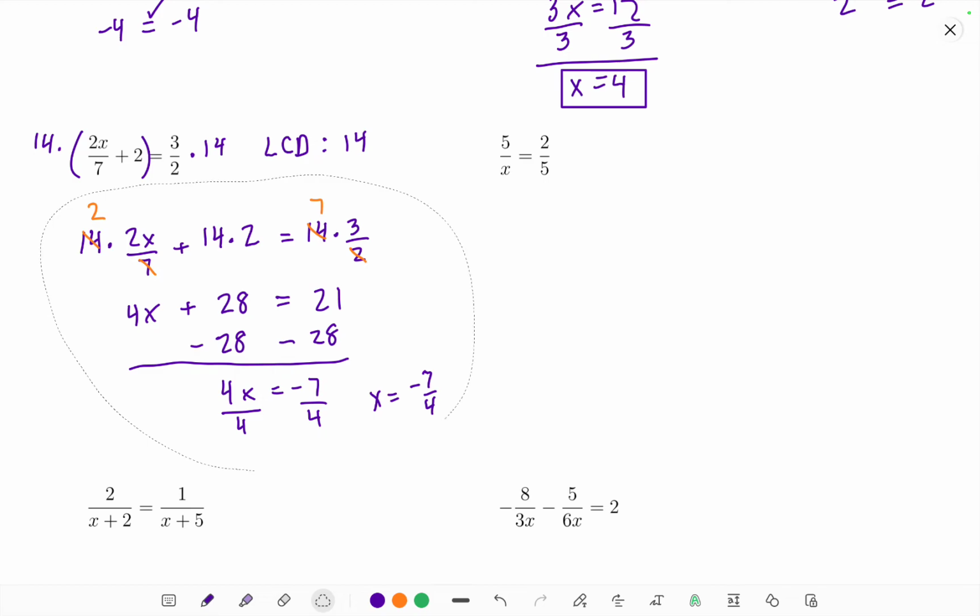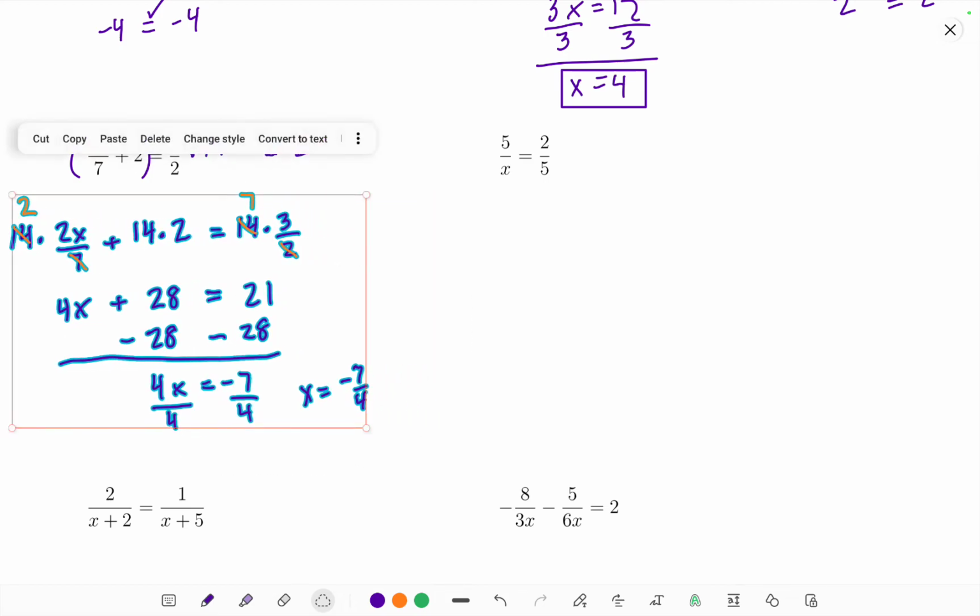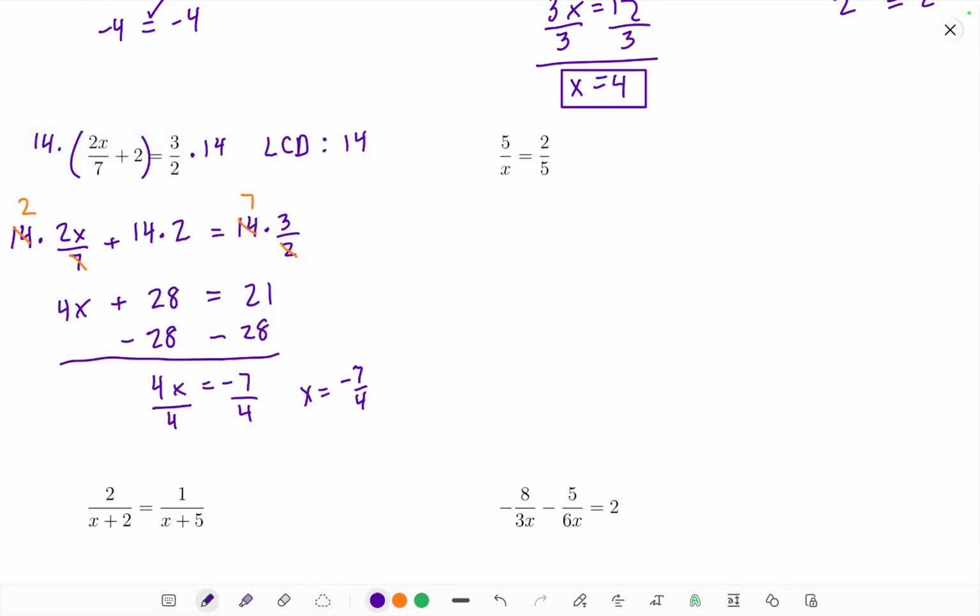Now let me move all this over a little bit so we have enough room to check our work. So we need to plug -7/4 in for x. So 2 times -7/4 over 7 plus 2. Does that equal 3/2? Well, here the 2 reduces the 4 to a 2. So we get -7/2 over 7 plus 2.